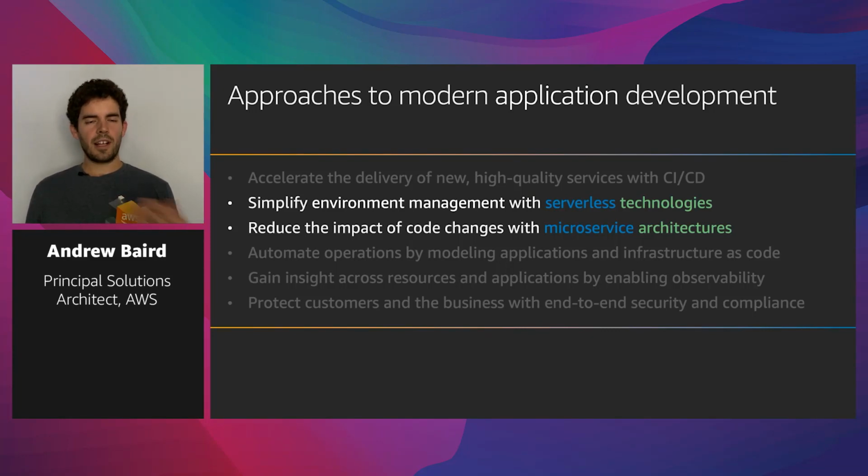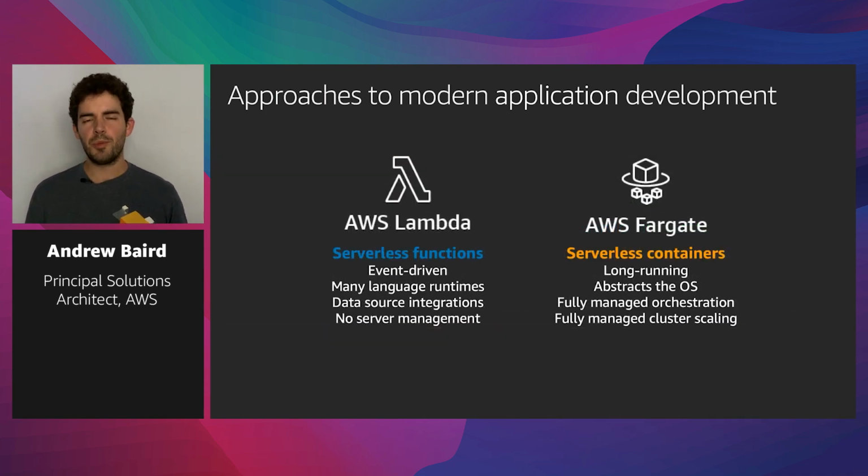So next I'm going to focus specifically on the types of modern architecture models on AWS that play well with these CodePipeline, these CI/CD native services, and what the specific integrations look like with CodePipeline in order to leverage either serverless or microservice-based architecture. So the services I'm speaking about are Lambda and Fargate.